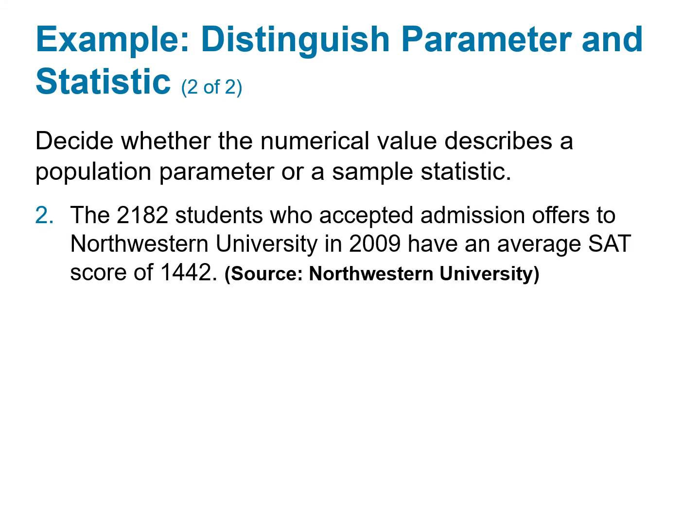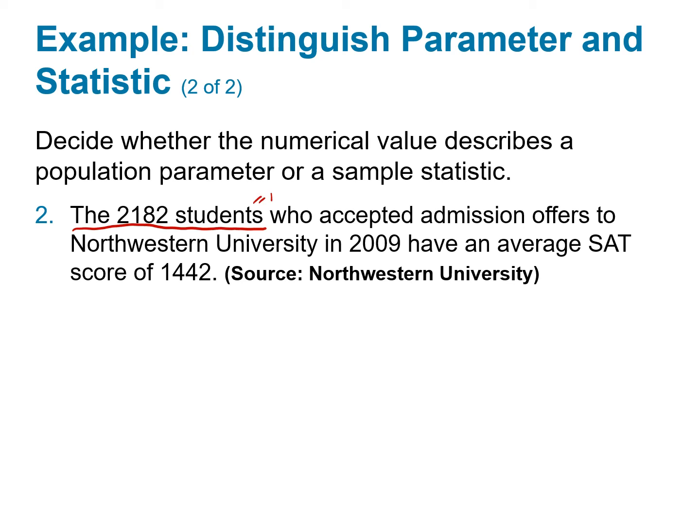Okay, so let's look at one more example of a study and see whether or not we have a parameter or a statistic. The 2,182 students who accepted admission offers to Northwestern University in 2009 have an average SAT score of 1442. When we're looking at this, it tells us the 2,182 students. So we can assume this is every single student who accepted an offer of admission to Northwestern University in 2009.